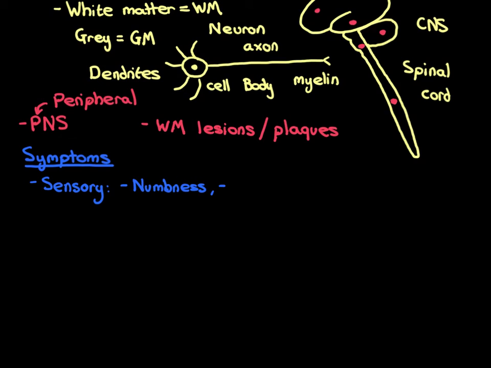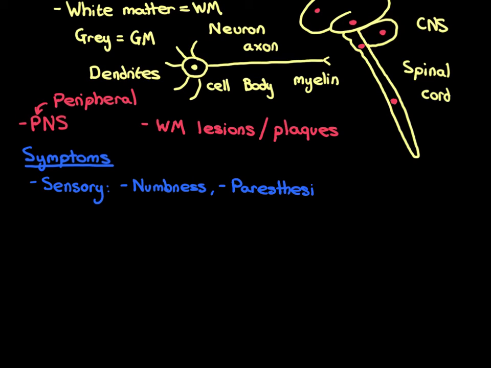The next symptom that I'm going to put here isn't because no signals are getting through anymore, it's because the area that is part of the lesion is actually going to produce aberrant signals now. So this next symptom is what we call paresthesia.